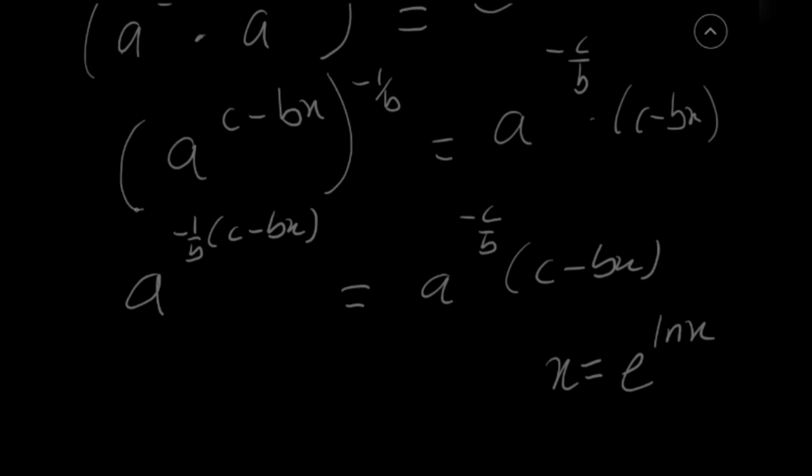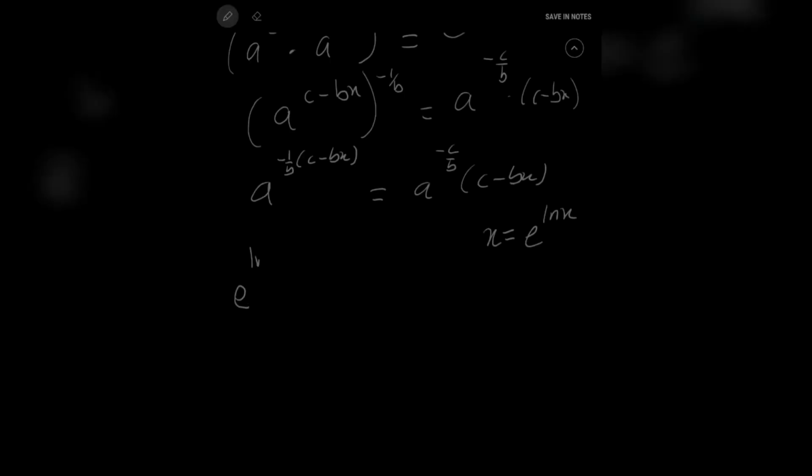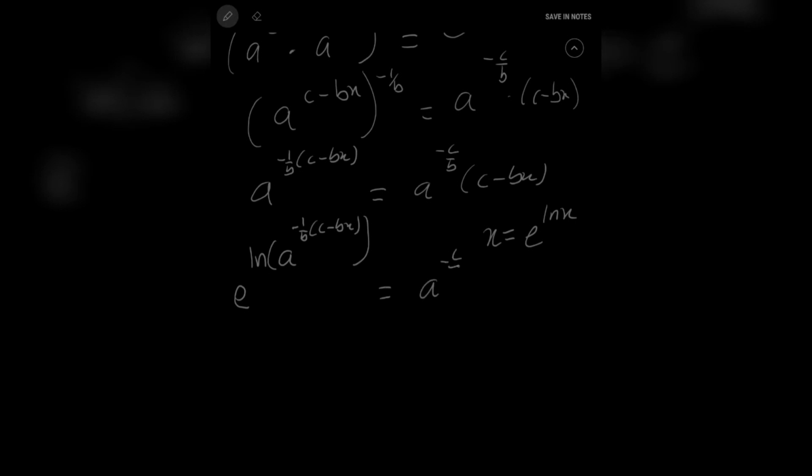So this whole thing can also be the same thing as e raised to the power the natural log of the whole of this term over here. So this minus 1 over b multiplying c minus bx, and it's equal to a raised to the power minus c over b, right?